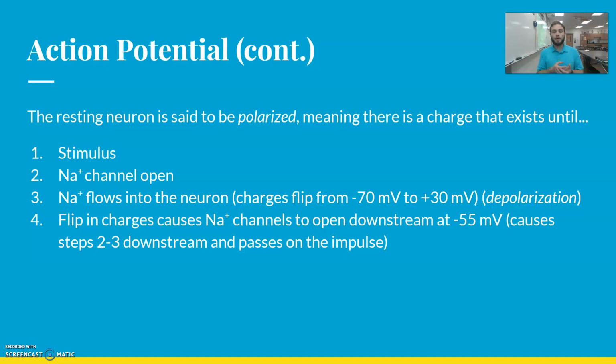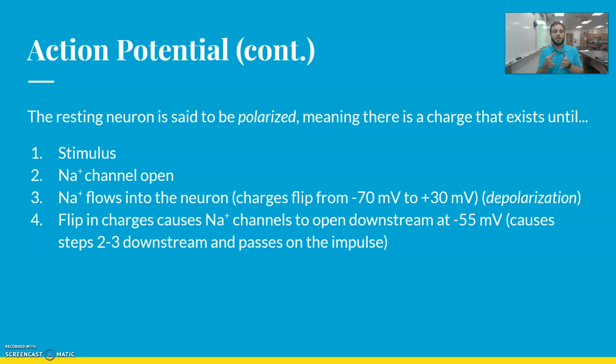However, once that depolarization happens, you reach a threshold, generally around negative 55 millivolts. The nearby sodium channels are going to flip open. So even though they didn't receive the stimulus from the external environment, they receive a stimulus from nearby sodium channels that are changing their charge.